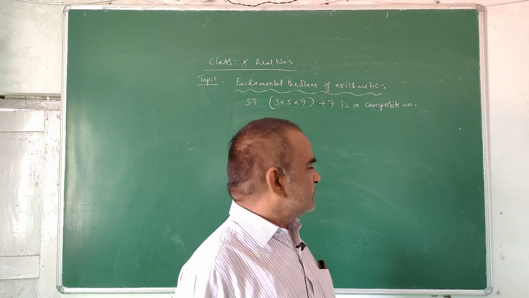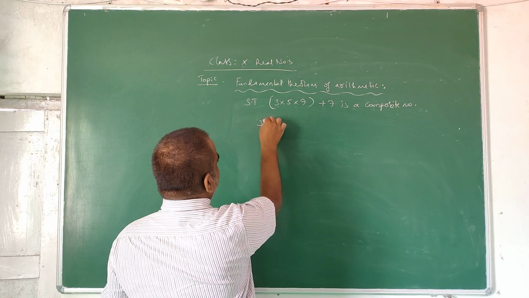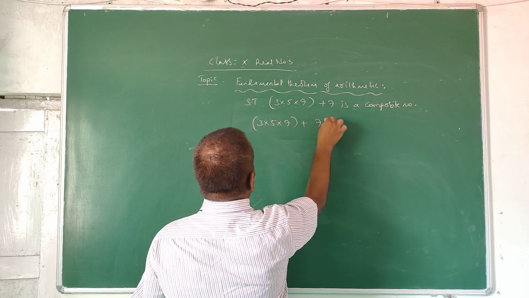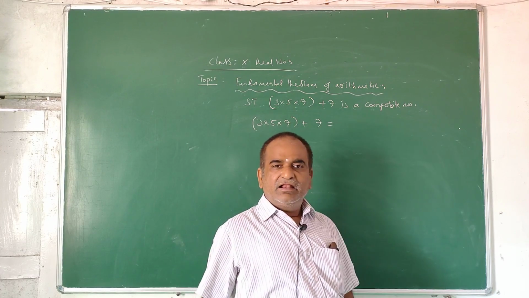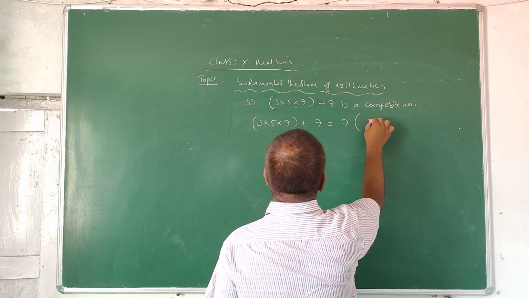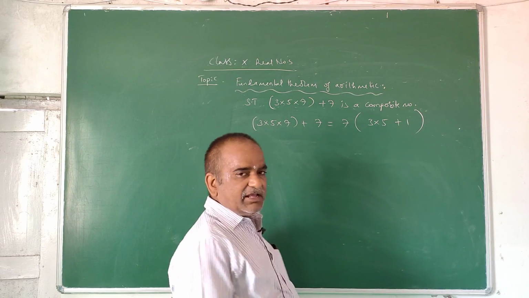See how I'll do it. Now take this given expression, 3 into 5 into 7 plus 7. Now take 7 common, so that you will have 7 into 3 into 5 plus 1. Do you agree?